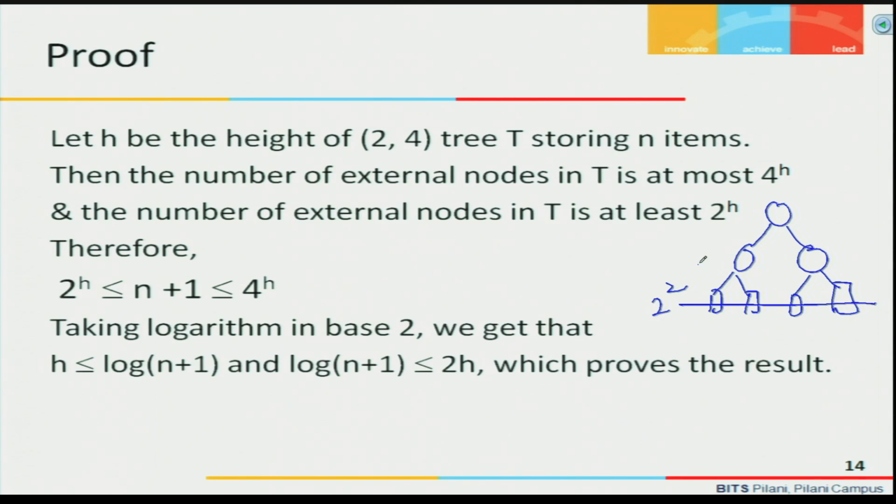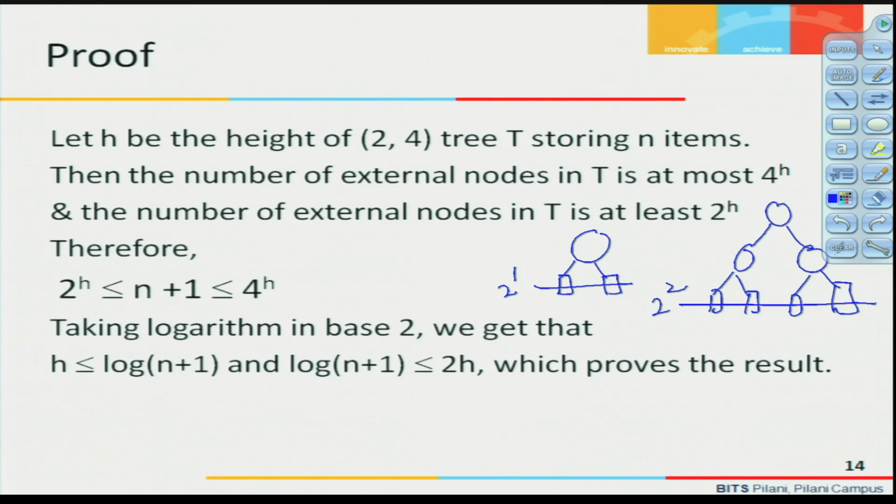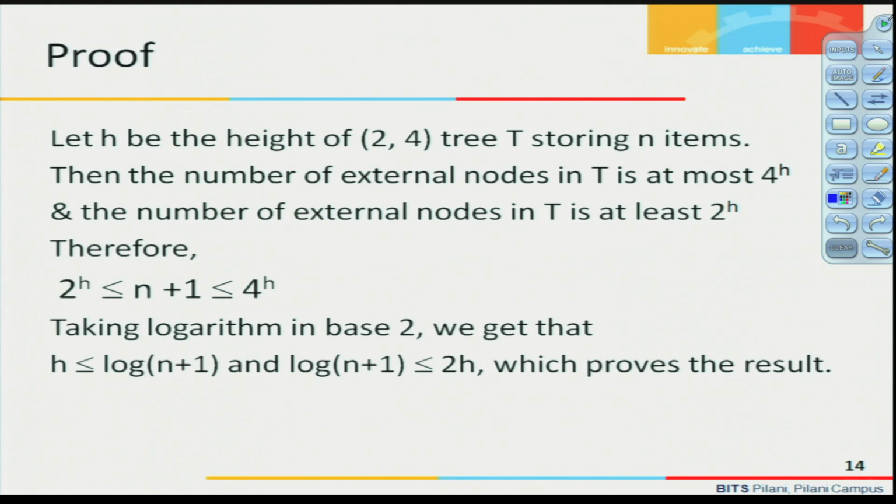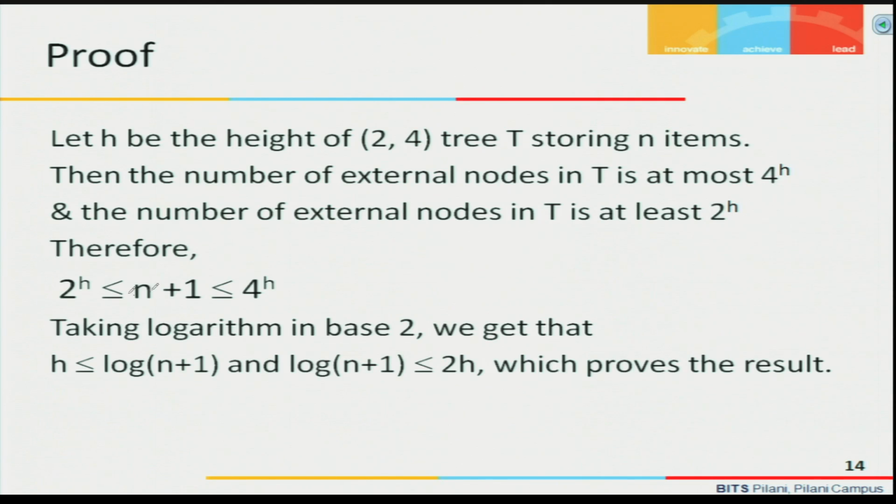If you had height 1, it can be only this, and these are 2 to the power 1. So, what we are observing is that if h is 1, it should have at least 2 to the power 1; if h is 2, it should have at least 2 to the power 2 external nodes, and this can be easily generalized to arbitrary h.